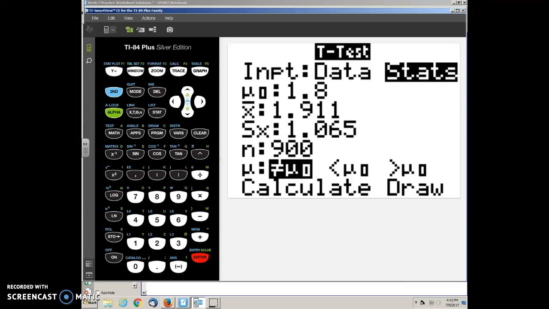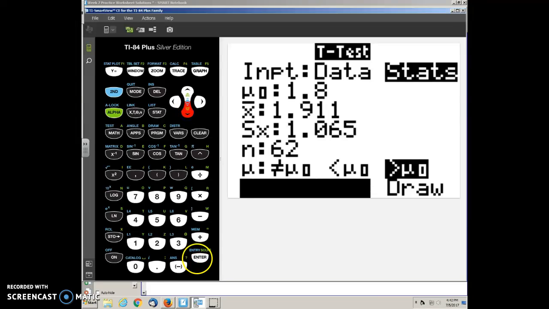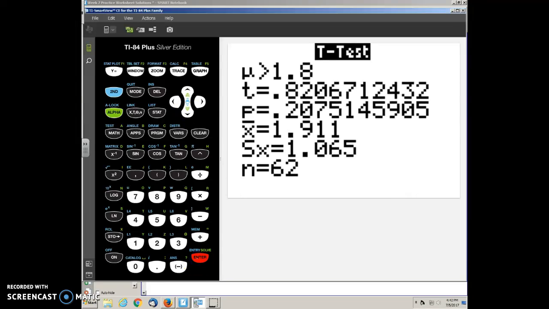N is the sample size, 62. We want to do a right-tailed test. We are testing the claim that the population mean is more than 1.8, so it's right-tailed. And then we go and calculate it. And all we want off of this, we know everything else, all we want is p equals. So the p-value, p equals 0.2075.